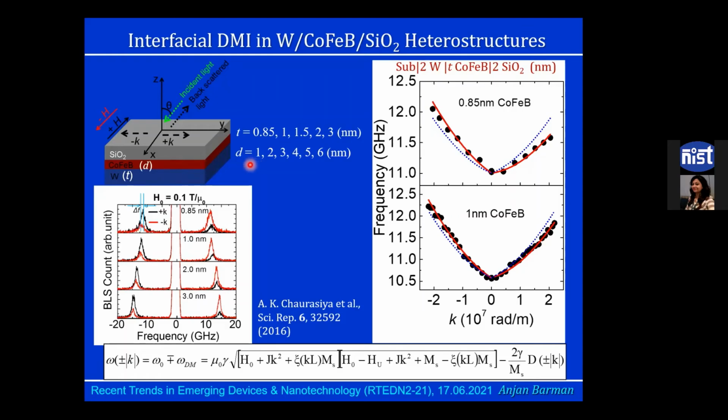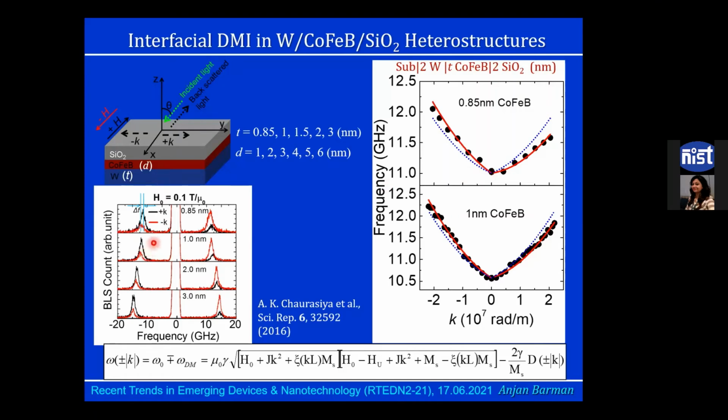So here what we did, we varied the cobalt iron boron thickness from, actually these are swapped, so cobalt iron boron thickness was varied from 0.85 nanometer to 3 nanometer, and tungsten thickness was varied from 1 to 6 nanometer. And we measured the asymmetry in the spin wave dispersion.